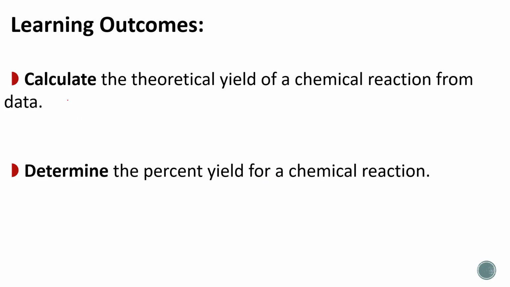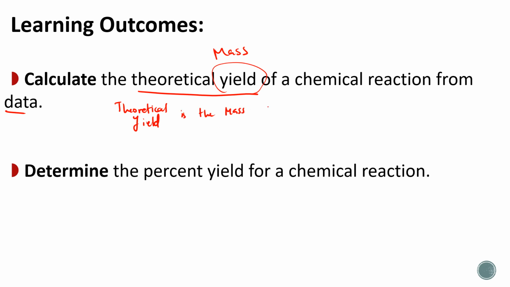So what we want to know here, we want to calculate the theoretical yield of a chemical reaction from data. So whenever you see theoretical yield, guys, it means the mass. So the theoretical yield is the mass from mass to mass calculations.